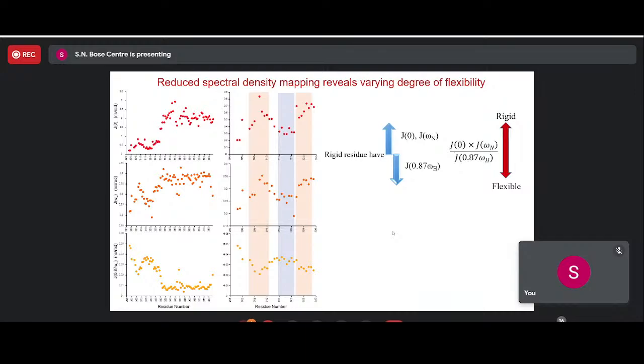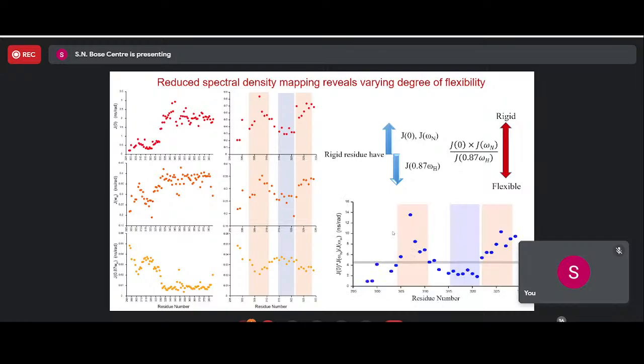That's the physical picture that we are trying to get for what is happening in this disordered part. By doing that, we see that there are regions in the disordered part of the protein which are rigid, shown by these red bars, and there is a region which is highly flexible.